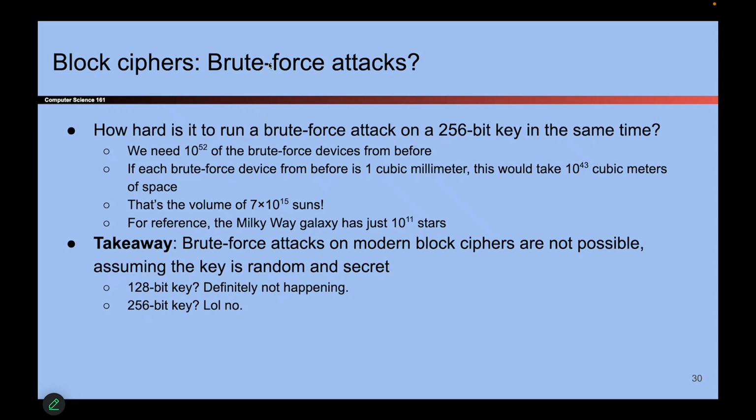So yes, it is technically possible for attackers to try and brute force block ciphers, but as long as you use a key that's long enough, 128 bits or 256 bits, the time it takes to brute force these keys is way too long. No one is ever going to succeed, so it's as good as secure, assuming that no one knows your key.